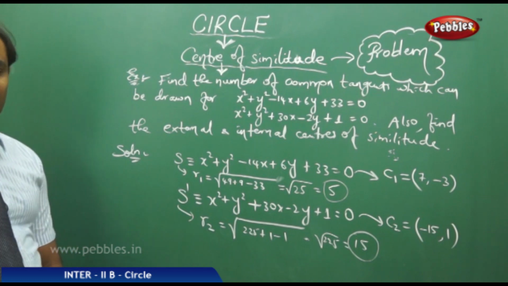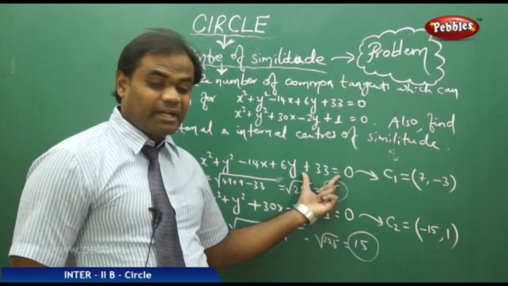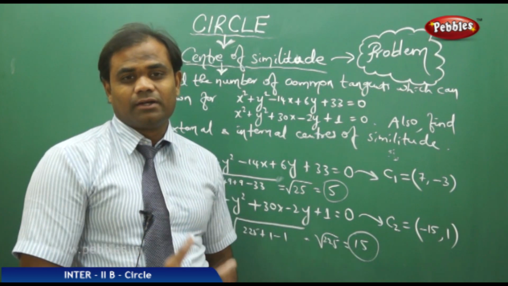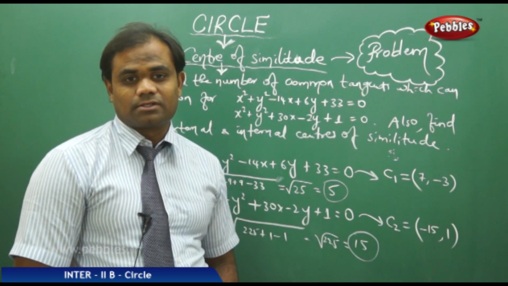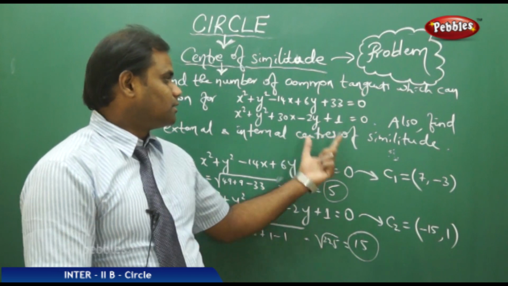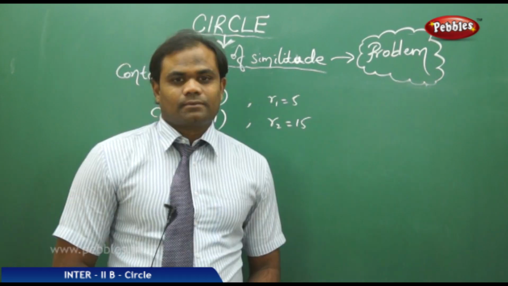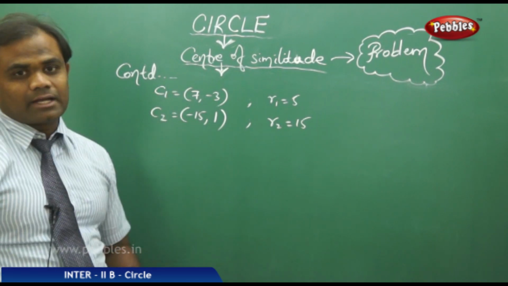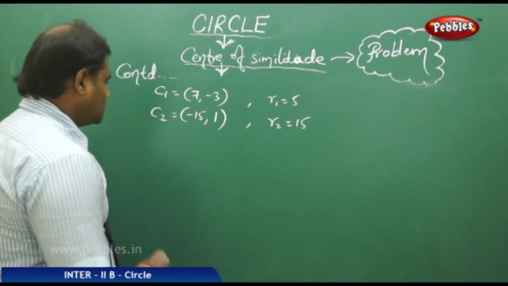So therefore I have the radii and the centers, through which I am going to find the relative positions of two circles, which in turn gives me the number of tangents. Now I find the distance between the two centers and connect with the radii.